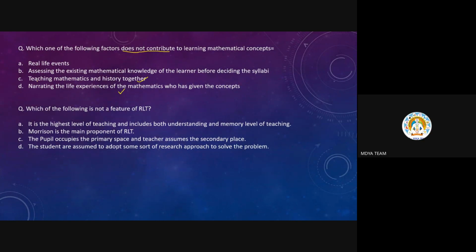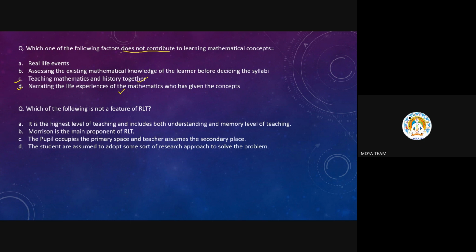Just compare option C and option D. Don't just see these options in the light of true or false. Compare the two options and tell me what will contribute to the learning of the learner. If we consider the motivation that children get from knowing the experiences of the mathematicians, then option C must be the right one, because history doesn't contribute to the learning of math.